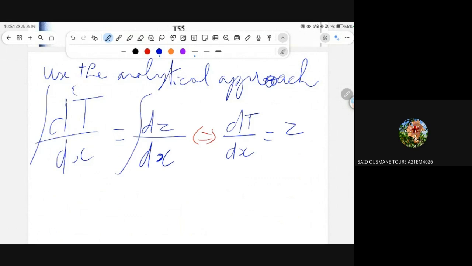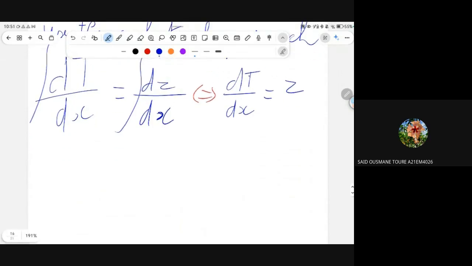If the secondary derivative of t equals the derivative of z, then the derivative of t equals z. Does that make sense? That's what we assume in this problem. So what we really do here is we mention that at x equals 0, we have t equals 100.